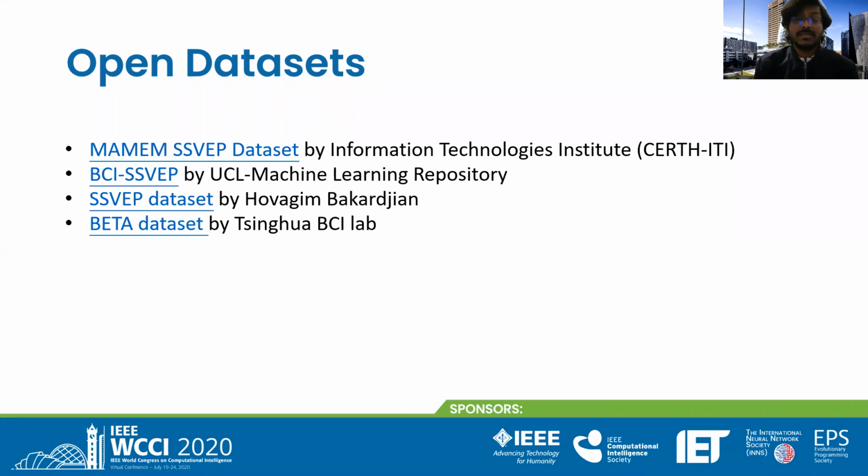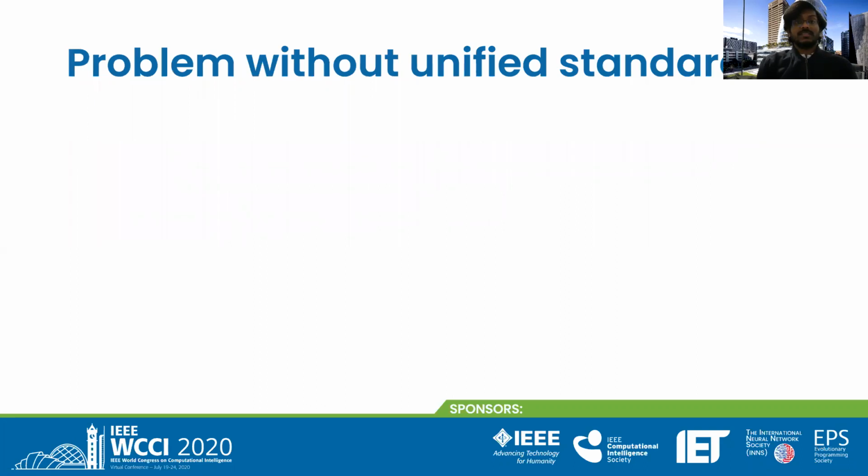But there's a big problem, even though you have a data set, right? What is the problem? Okay, I'm a cognitive neuroscientist. I have domain knowledge about SSVEP, about the brain. I understand what is going on in the brain and how the signal is collected.